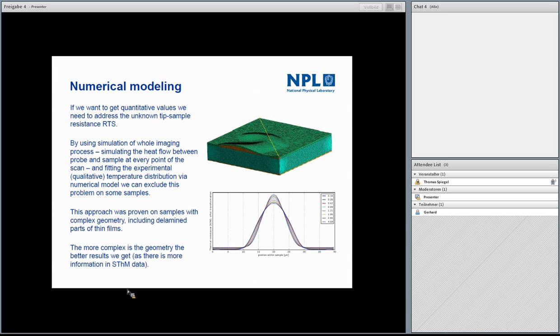The accuracy of the value is an issue because we need a good numerical model. So there is a lot of work that has been done by CMI to do a simulation of the tip resistance with the samples. This is an example of an image of the temperature distribution in the samples.